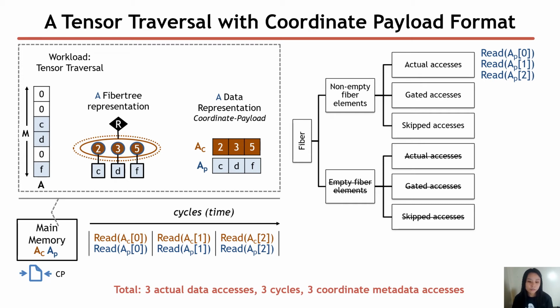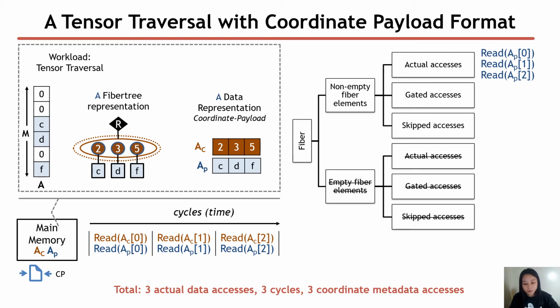So since A has 3 non-zero values, we have 3 payloads C, D, F, and 3 coordinates 2, 3, 5 in our data representation. Because we have chosen this data representation format, we have then to both store the payload and the coordinates of A in the main memory. And this is what it means by AC and AP main memory block. And this icon means picking a data representation, which is coordinate payload.